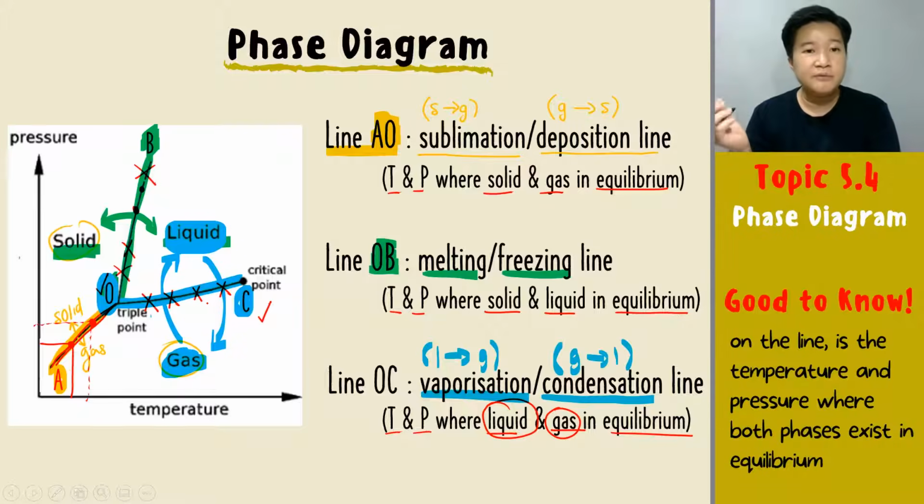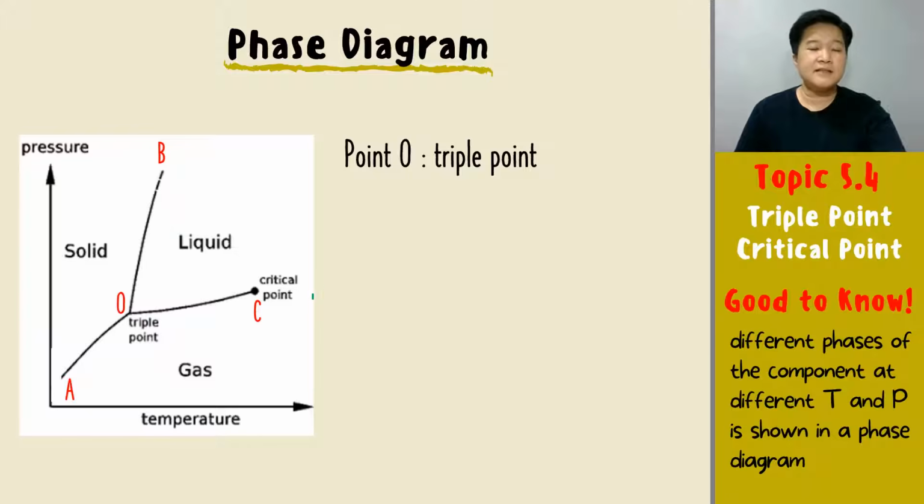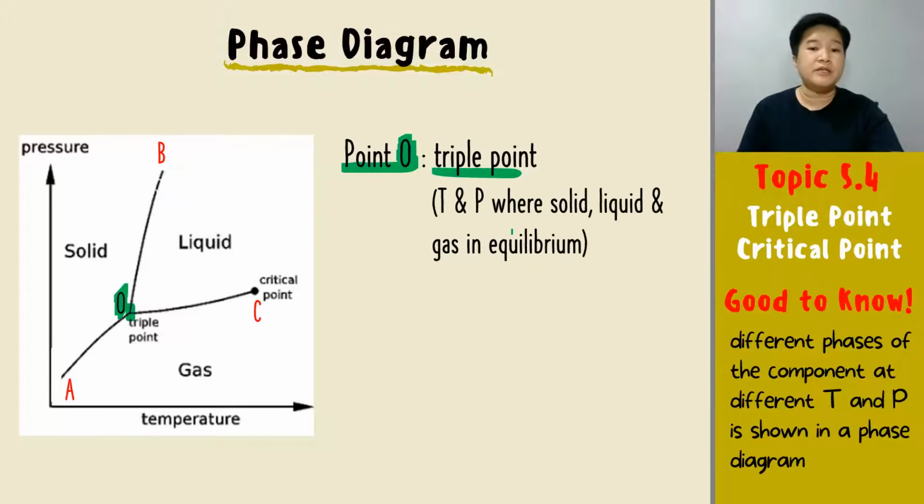gas. Simple? Easy. Next thing that we are going to look at is 2 points. The first one is your point O. The point O over here is what we call the triple point. So what actually is meant by triple point? Triple point is a point where, at that particular temperature and pressure, the solid, liquid and gas of your substance exist in equilibrium.